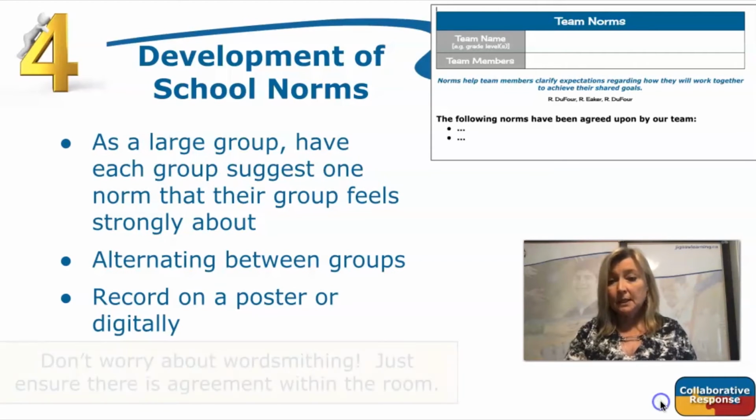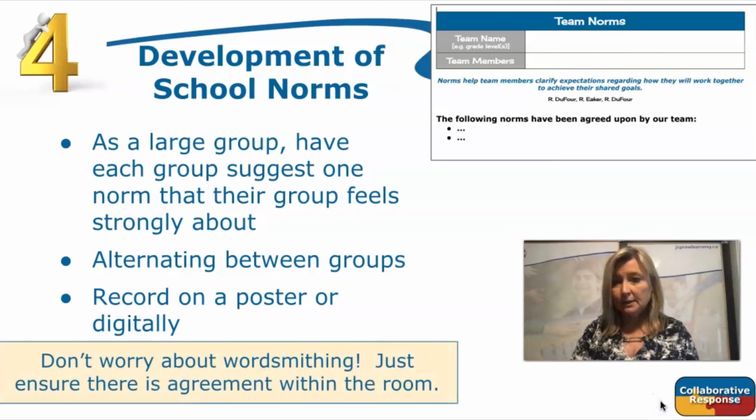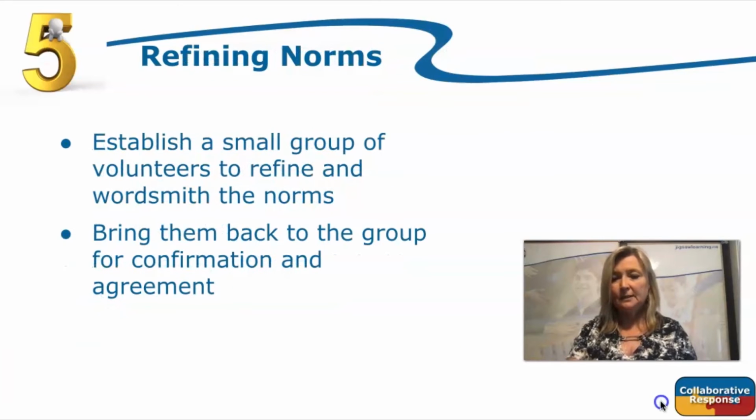But that doesn't mean that you are going to spend lots of time on wordsmithing, because wordsmithing with a large group is almost impossible. So just make sure that there is agreement that, yes, my norms are represented here, and I can move forward, and I can adhere to the norms that we have listed on our page.